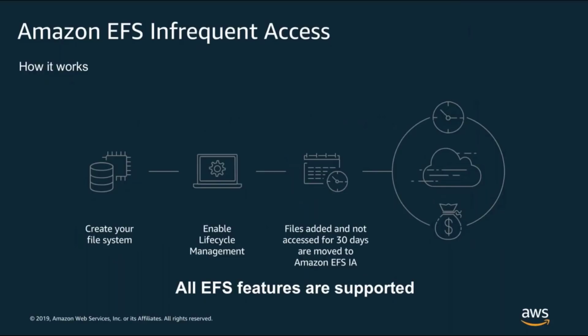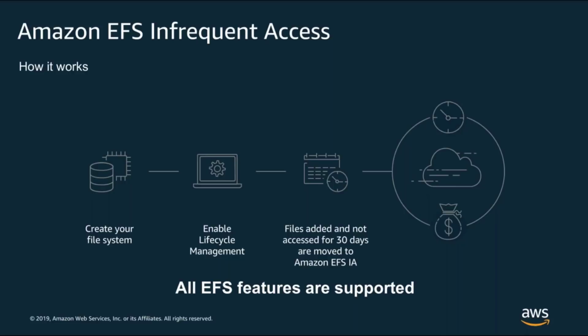Okay, so how does it work? First, you just create a file system. Like I just mentioned, the file systems are transparently serving data from both storage classes. You have that common file system namespace, so you don't have to worry about which of your files are actively used and which are infrequently accessed. Then all you need to do is really just enable lifecycle management for your file system.